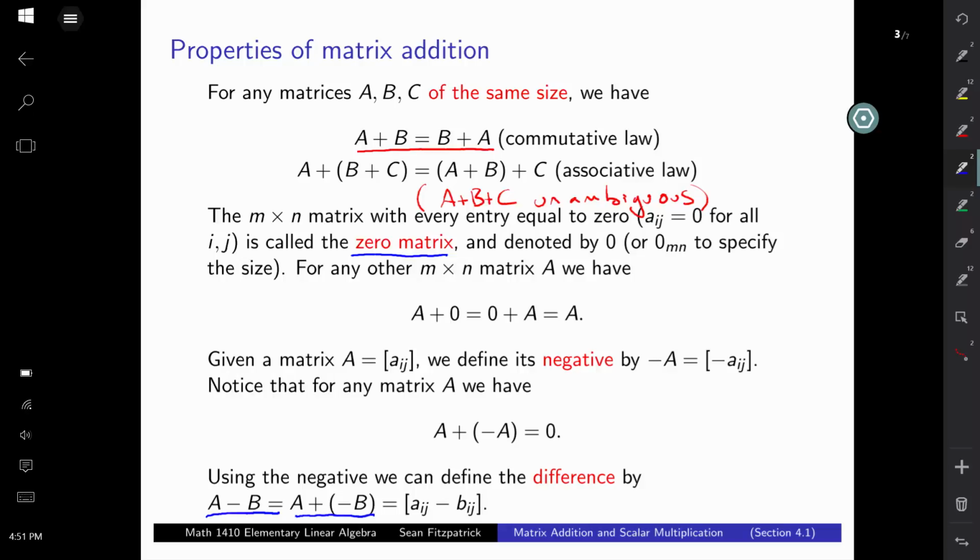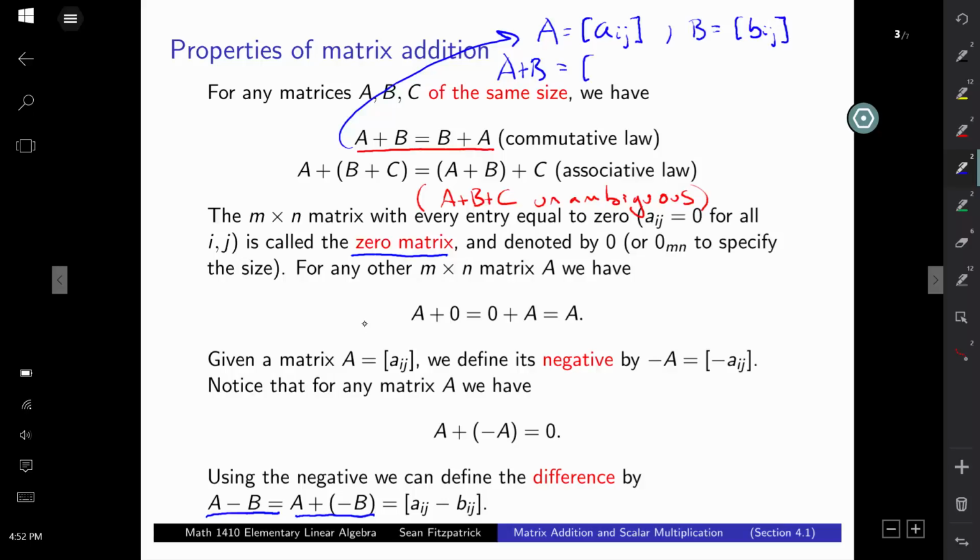By the way, if you wanted to prove some of these, let's say you wanted to prove the commutative law. Obviously I don't have room to write everything down, and I should be trying to write things out in full sentences, but let A equal Aij, and let B equal Bij. Then A plus B, by definition, is Aij plus Bij.